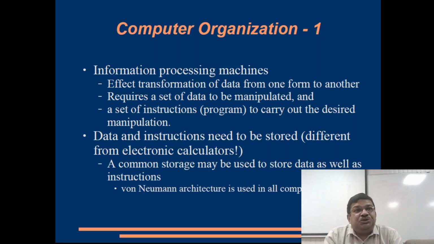A common storage may be used to store data as well as the instructions, and this conceptualization of the machine was proposed by a mathematician named von Neumann, and that is the architecture that is used in all digital computers.